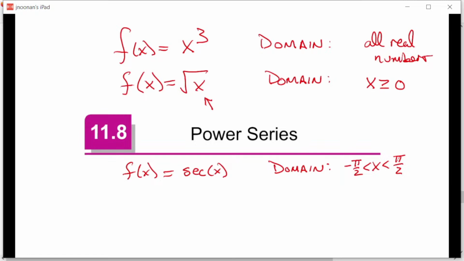The reason is that secant is 1 over cosine, and cosine is 0 at pi over 2 and negative pi over 2. Technically that's only part of the domain, because it repeats. You can evaluate this between negative pi over 2 and 3 pi over 2, and then from 3 pi over 2 to 5 pi over 2. You can see this repeats itself. But I like it, this is good.